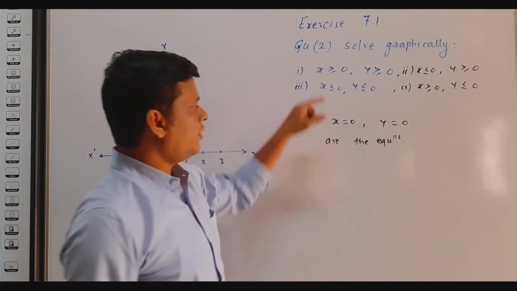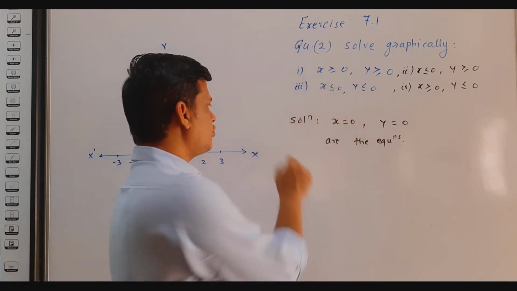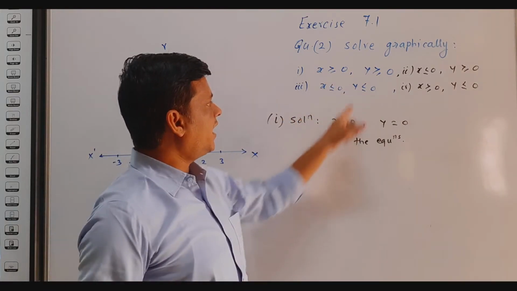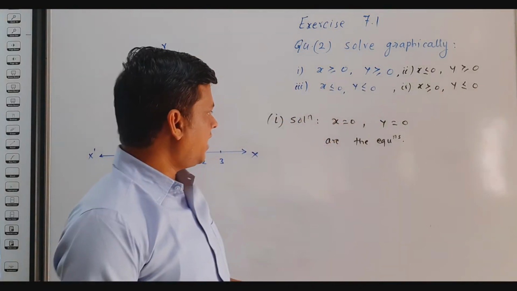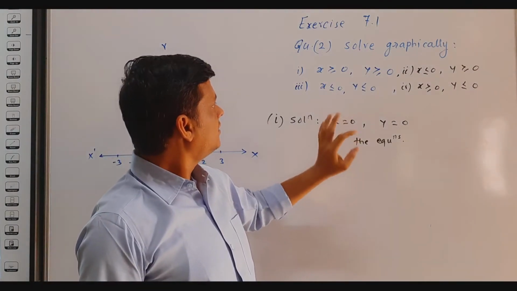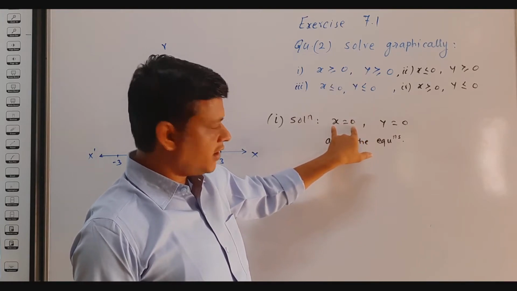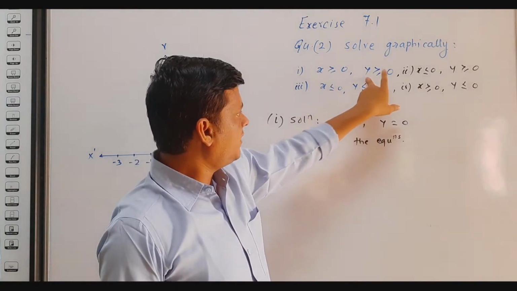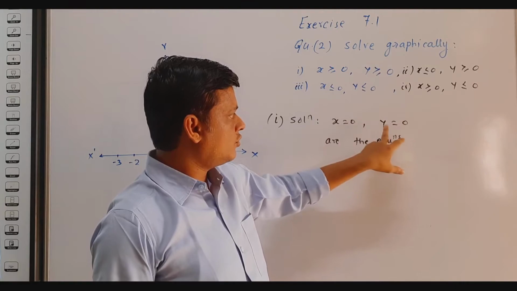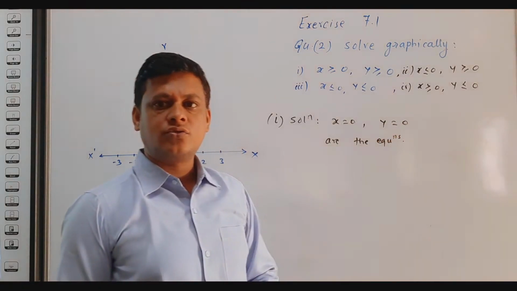So from these two inequalities we take the equation x equals 0 from x greater than or equal to 0, and from y greater than or equal to 0 we write the equation y equals 0.